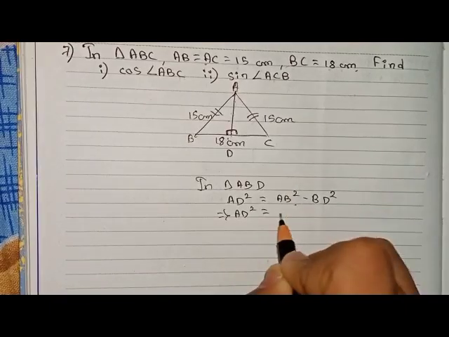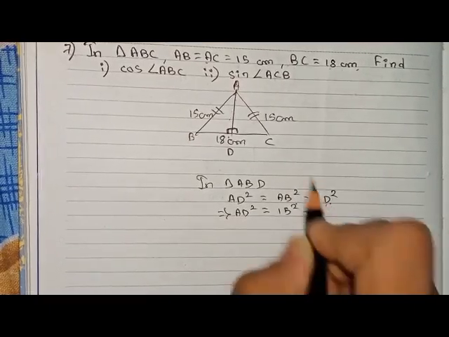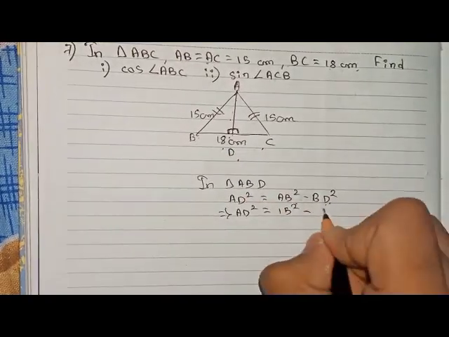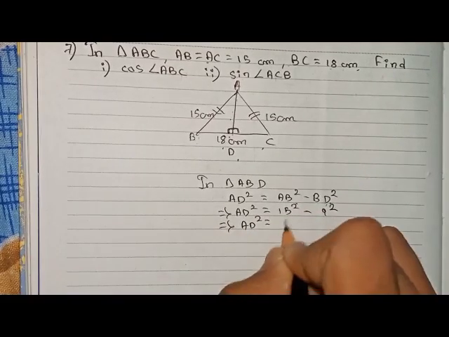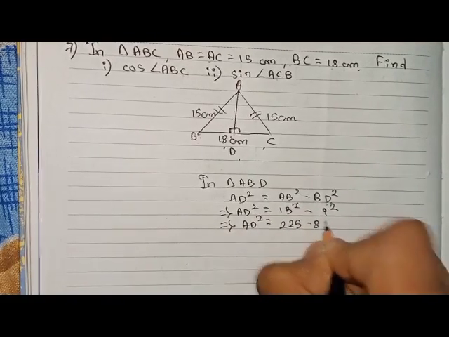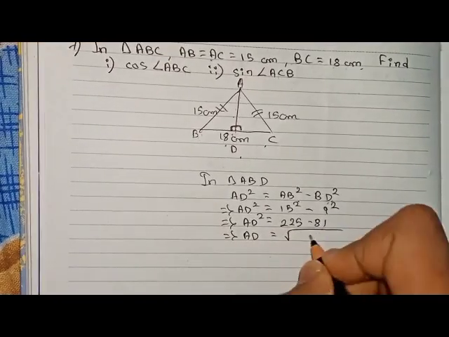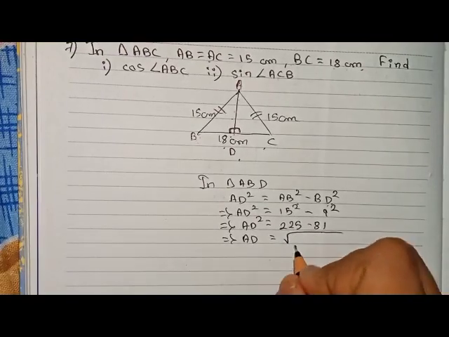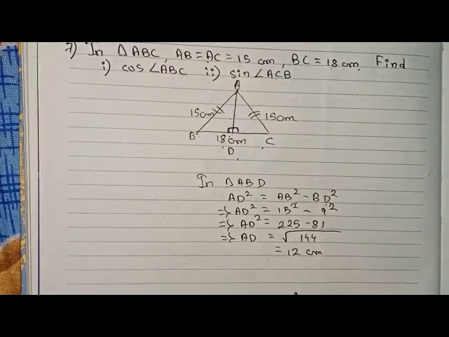So AD square is equal to 15 square minus BD square. BD will be half of BC, so half of 18 will be 9. So AD square is equal to 225 minus 81. AD is equal to root over 225 minus 81. It becomes root 144, which is equal to 12. So AD is equal to 12 centimeter.